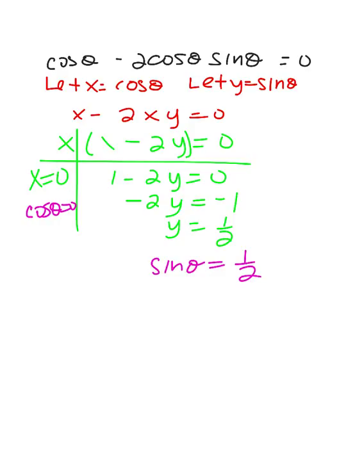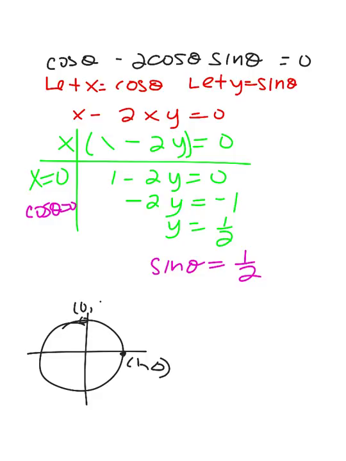Okay, so let's draw the unit circle. 1, 0, 0, 1, negative 1, 0, 0, negative 1. Cosine is your x value, looking for when x is 0. X is 0 here at 90 degrees. And then x is 0 down here at 270.